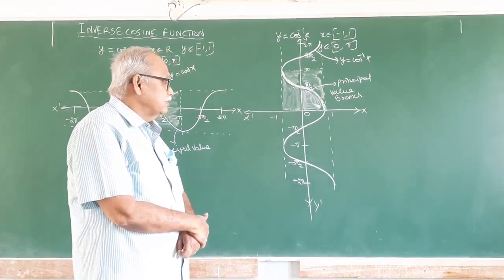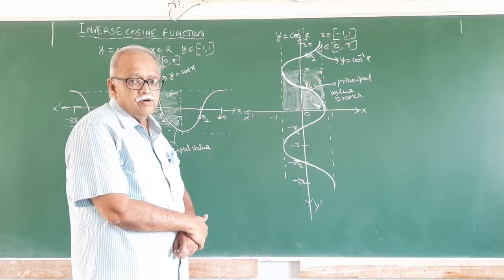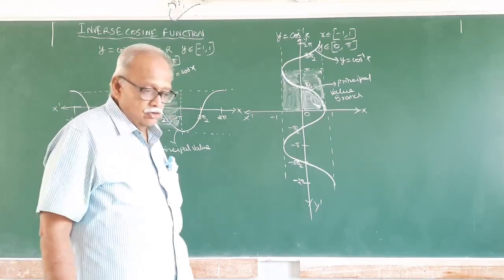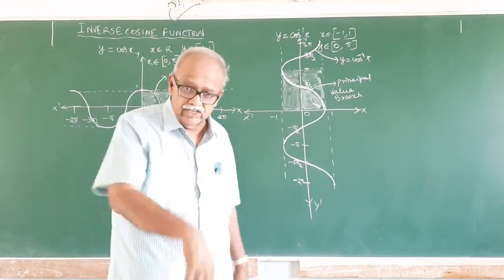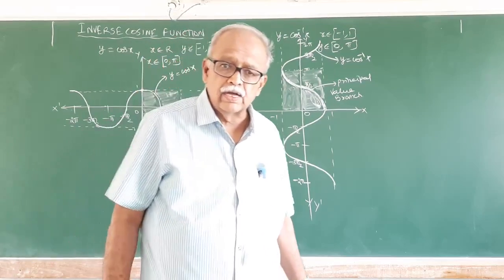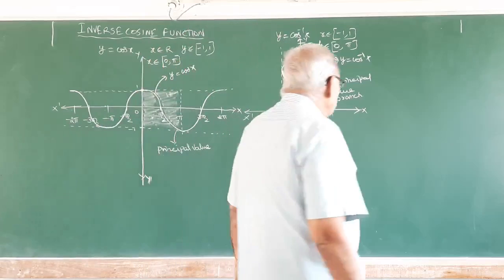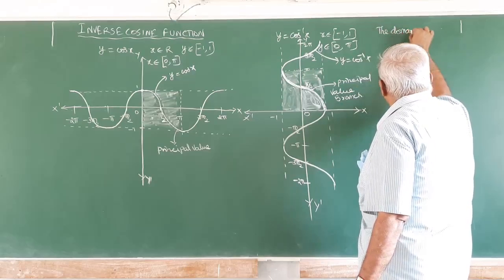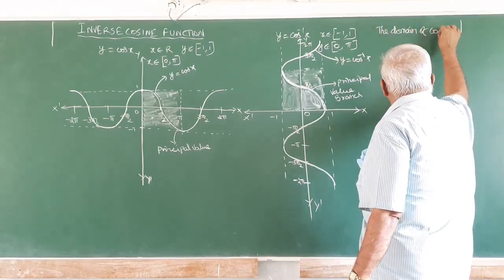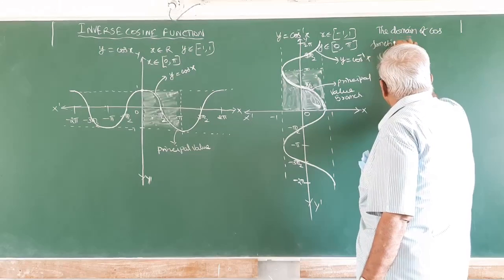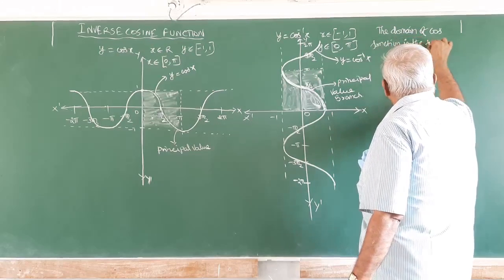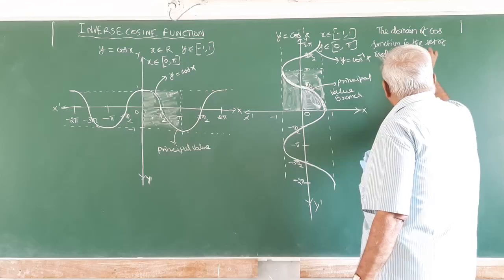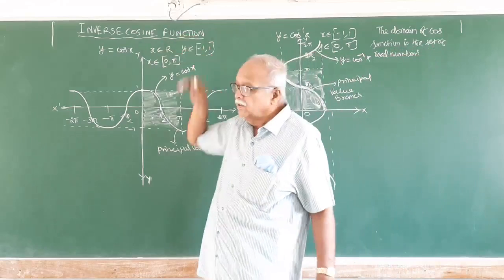Yesterday we have seen sin x and sin inverse of x. Now you have to write the notes for that. I will start writing the notes, what we have done so far, what we have discussed so far, and we are going to write it as notes here. The domain of cos function is the set of real numbers.